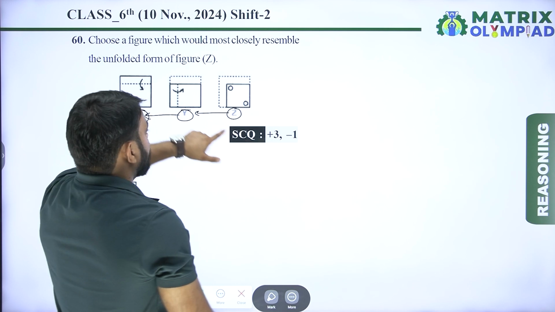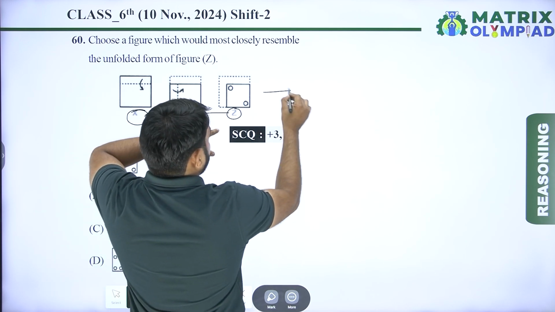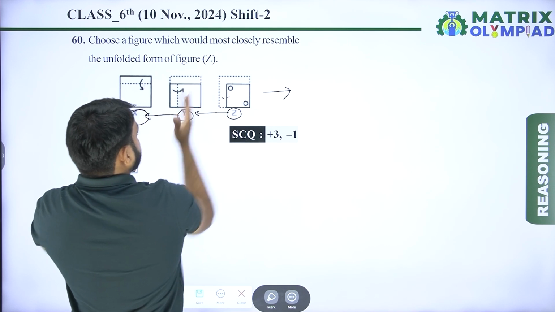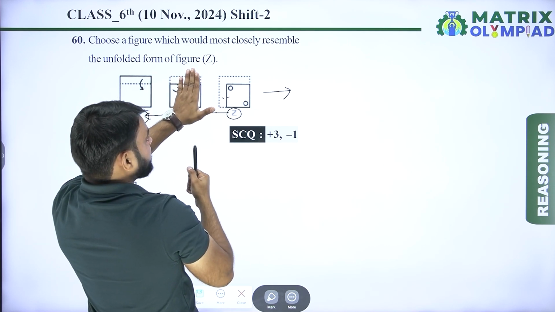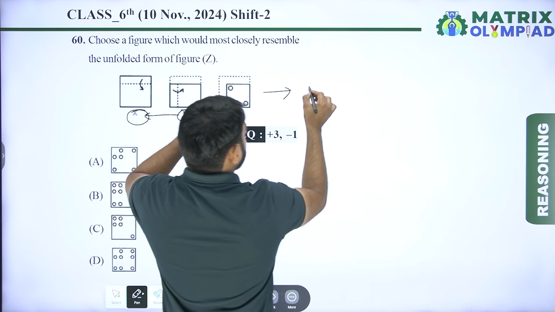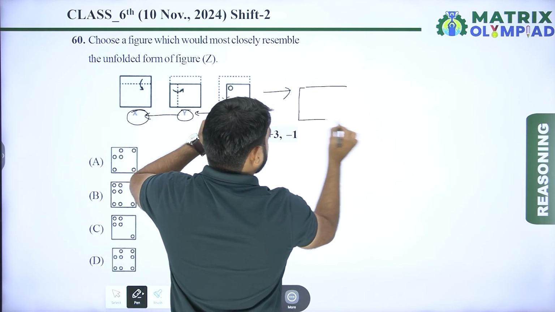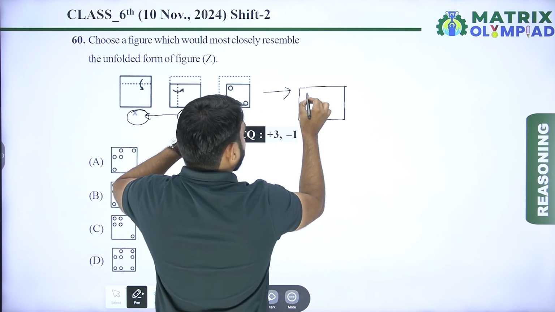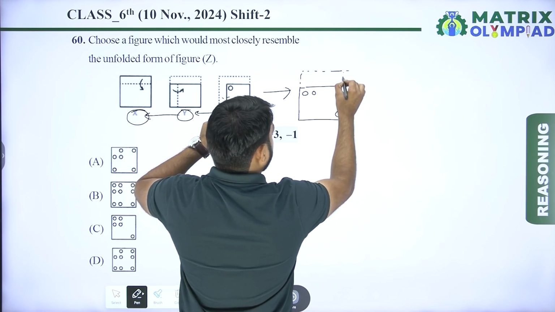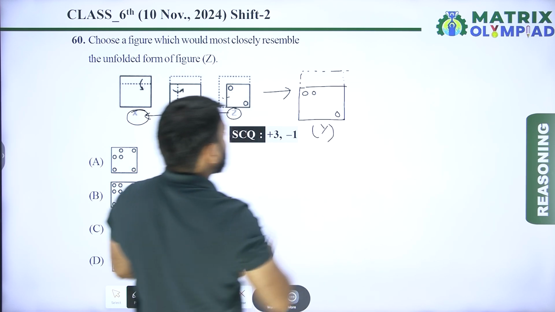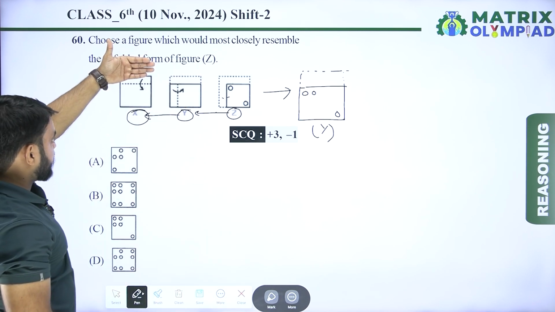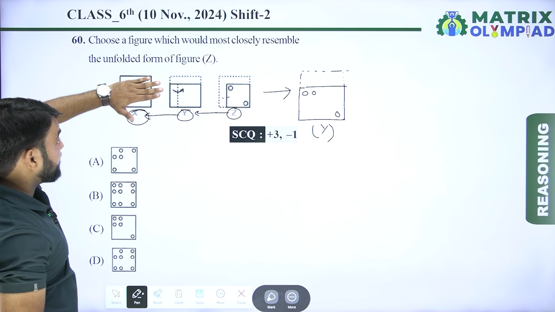So first unfold Z. Z will be unfolded in this direction, because Y has been folded in this direction. So when we unfold Z, we get an image like this, and this is Y. Now unfold Y in this direction, because X has been folded in this direction.